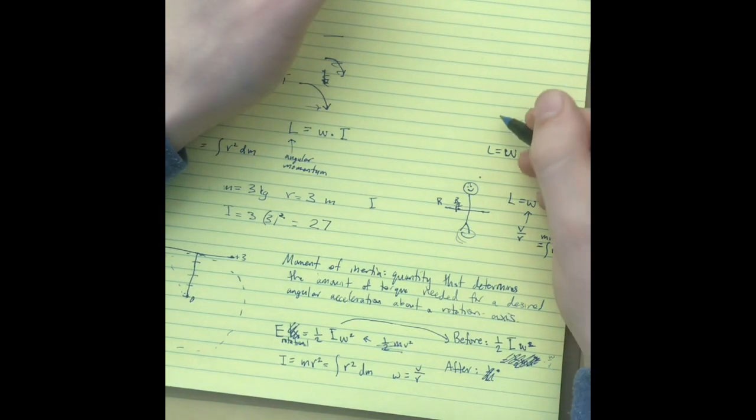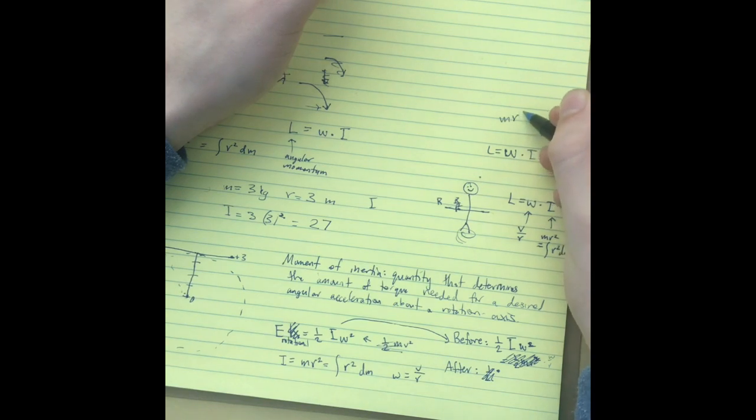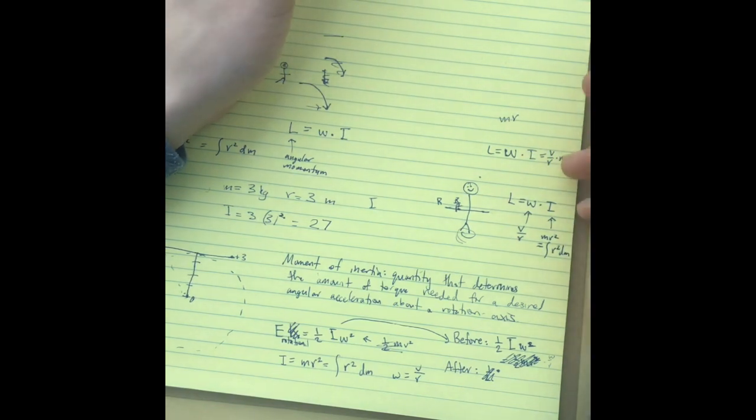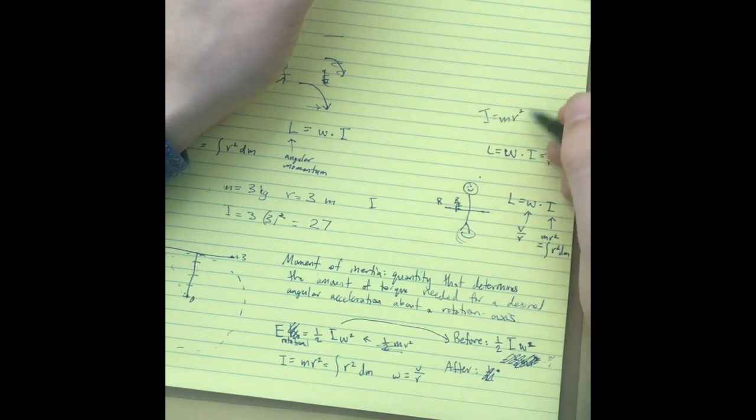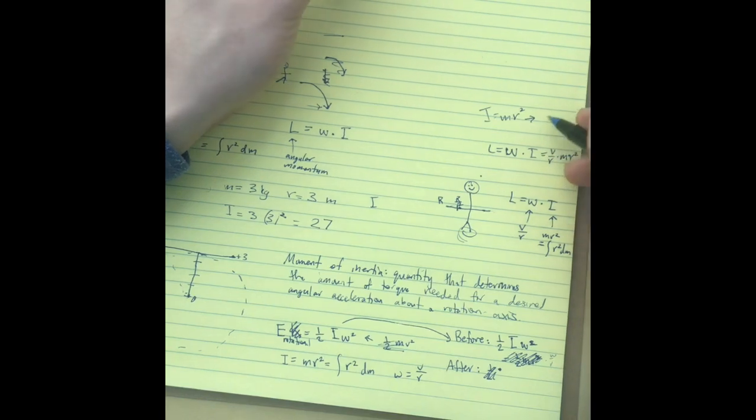Obviously with mr squared, if r is cut in half, the moment of inertia is going to be 1/4 of what it was, right? So m times r over 2 squared equals mr squared over 4.